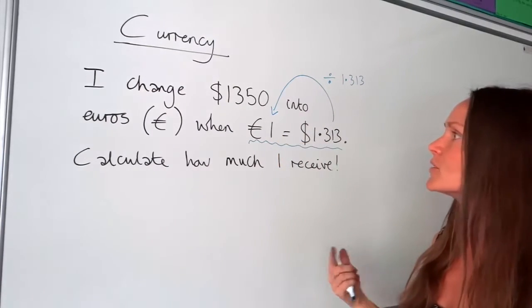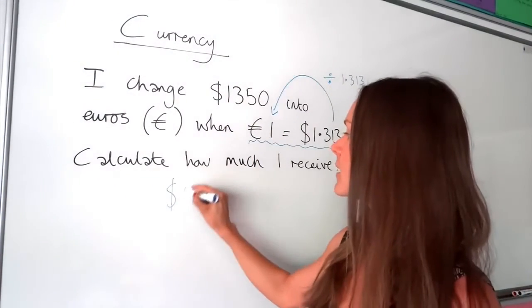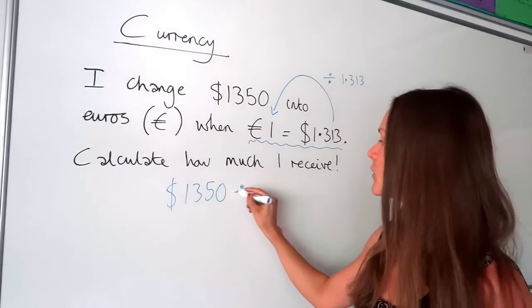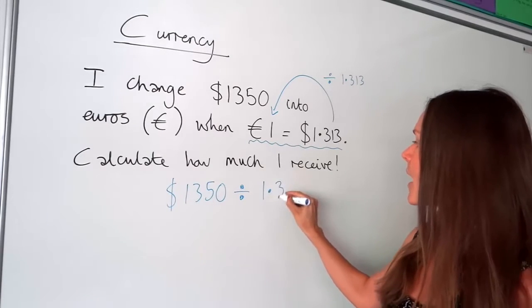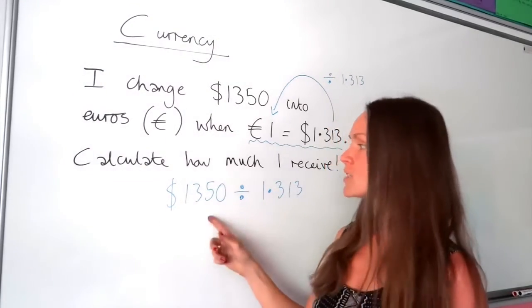So that means we have to do the same with this amount of money. I have to take that amount of dollars that I've got to spend and divide it by 1.313. And that will tell me how many euros I will get in exchange for my dollars.